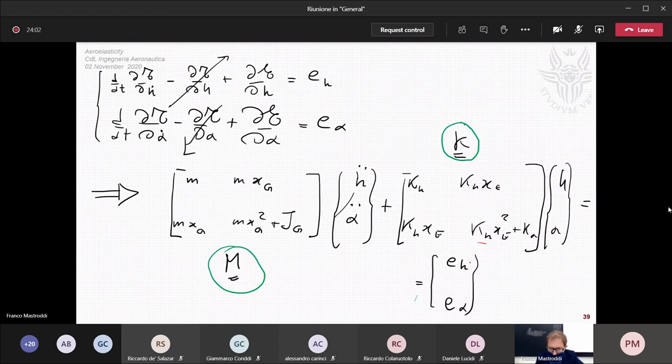These two terms here, okay? Forcing term.